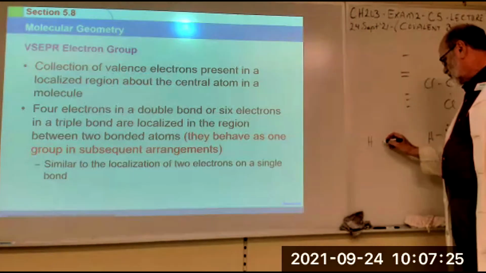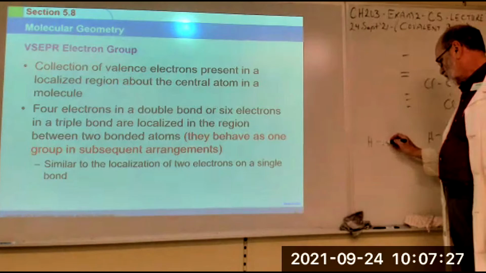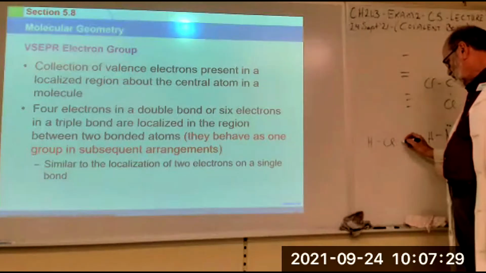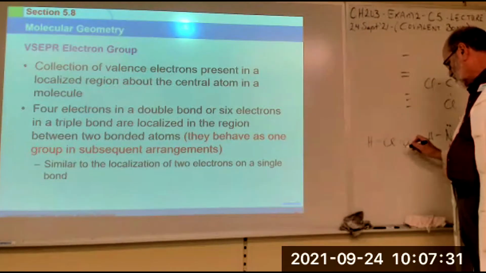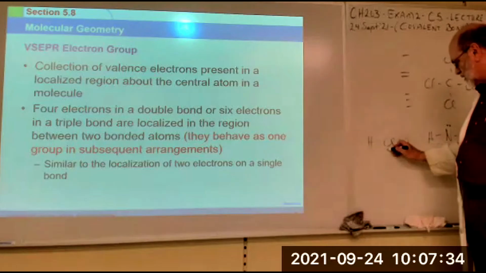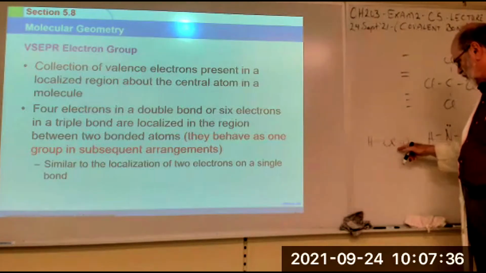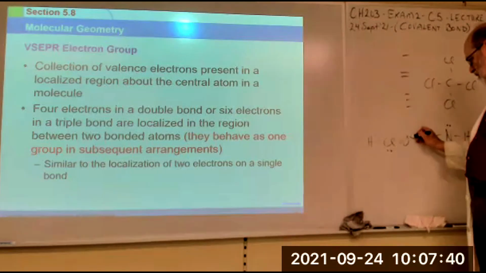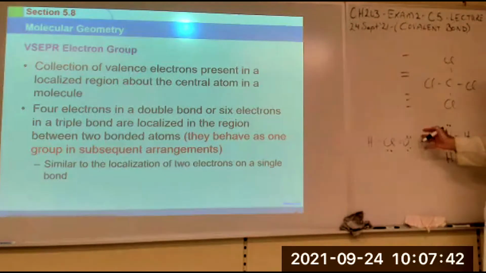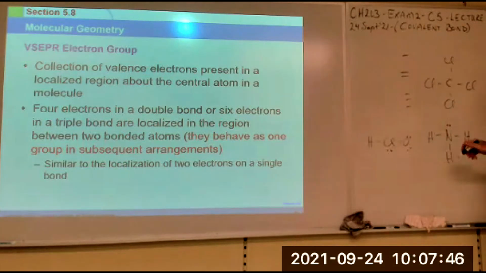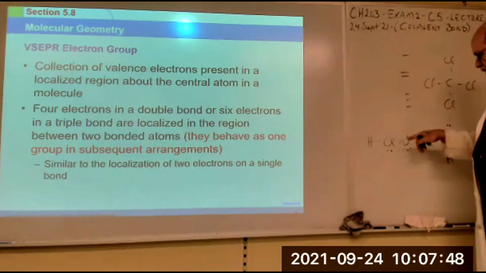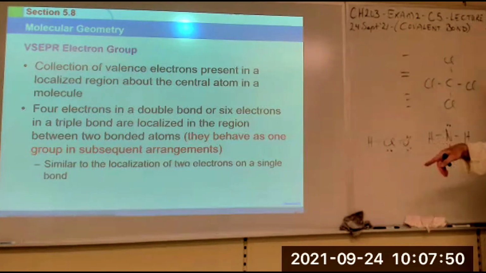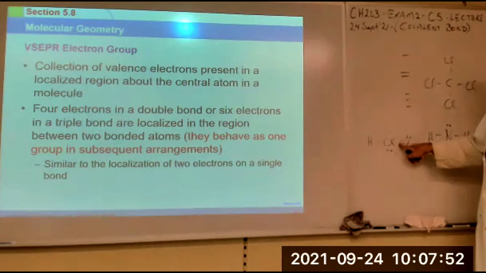If we had, let's see, what was that other one? Hydrogen, chlorine, oxygen, and we had 2, 4, 6, 8, and 2, 4, 6, 8, before we added the other oxygen, right? Hypochlorous acid. So how many groups would be around the chlorine? 1, 2, 3.